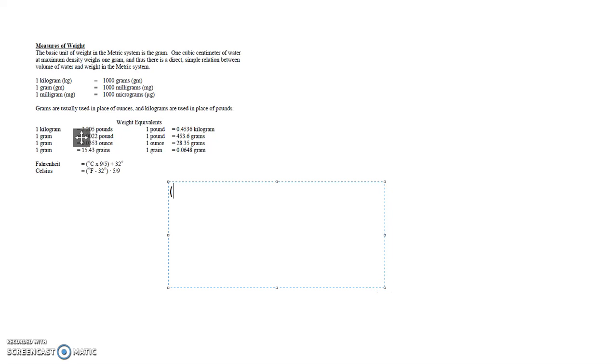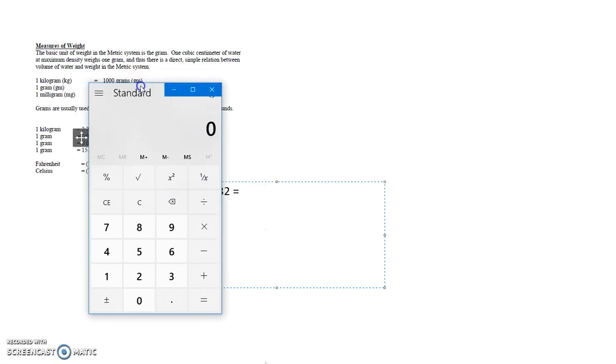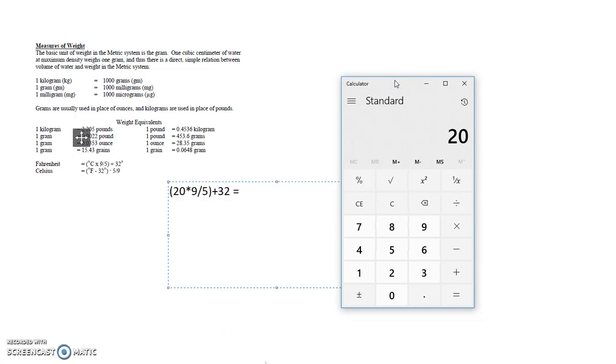So all I would need to do is I say 20, see where I'm plugging this in, multiplied by 9/5 plus that 32 degree freezing point. So when I plug those through, 20 times 9 divided by 5, add 32. I find that 20 degrees Celsius is 68 degrees Fahrenheit.